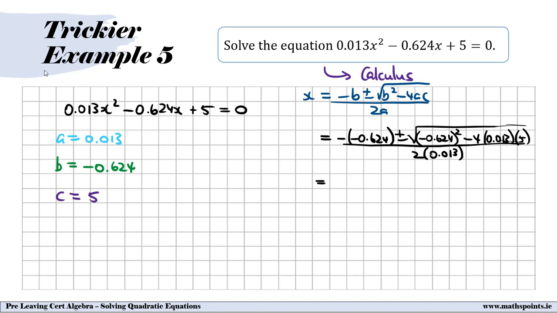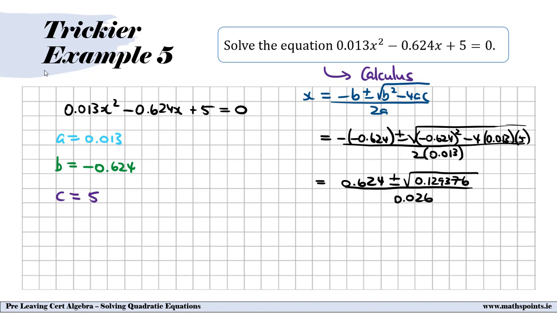So tidying this up, we have minus 0.624, which is plus 0.624, plus or minus, and then throwing all underneath the surd into the calculator, 0.129376. And that's all over 2 times 0.013, which is 0.026.